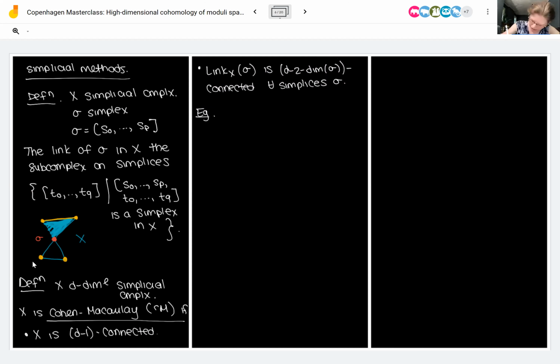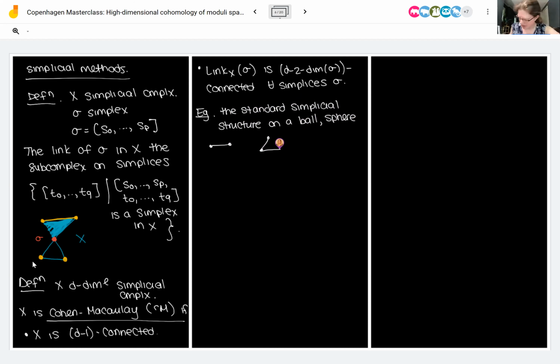If you take, for example, the standard simplicial structure on a ball or a sphere, or you take the barycentric subdivisions, then these are going to be Cohen-Macaulay complexes.